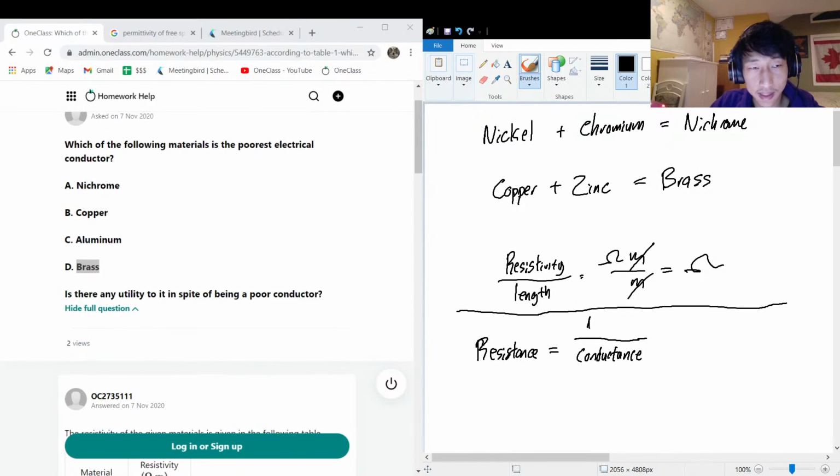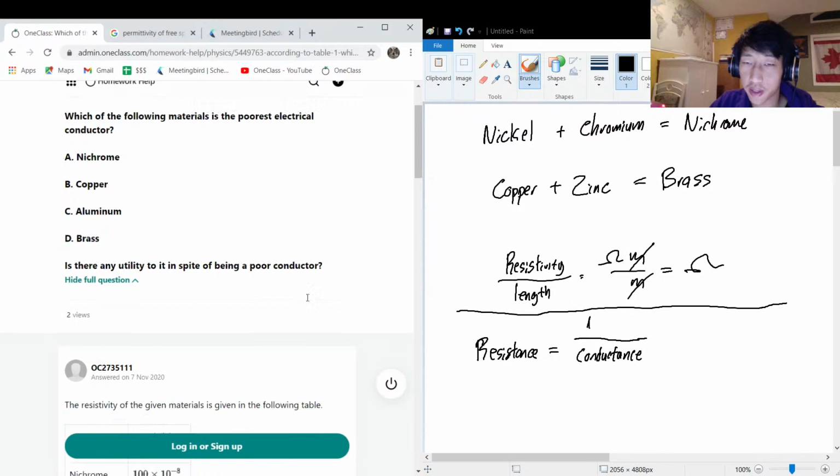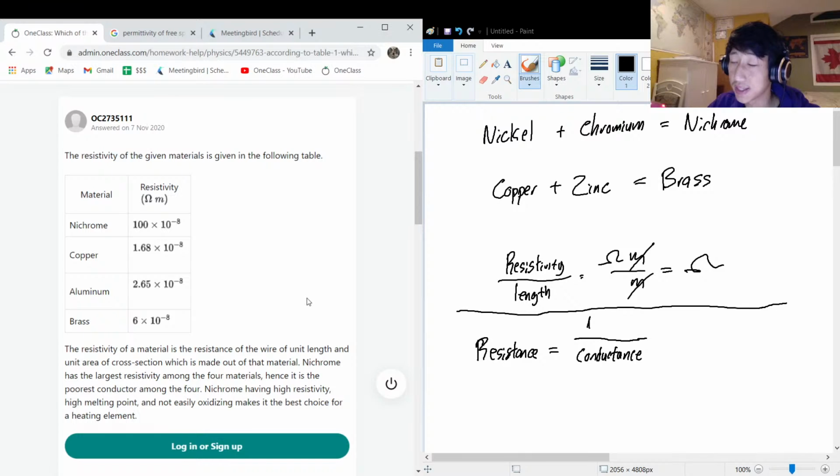That's fascinating. So is there any utility to being a poor conductor? If you have a lot of resistance, then as electrons fly through you, more resistance means those electrons are losing some of their velocity.